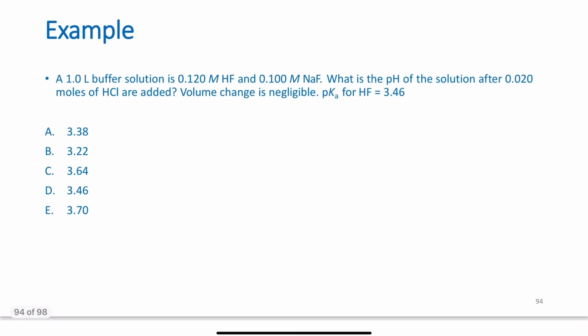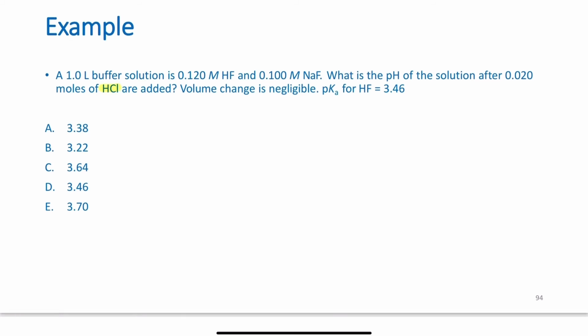A 1 liter buffer solution contains 0.12 molar HF and 0.1 molar NaF. What is the pH of the solution after I add 0.020 moles of HCl? Assume your volume change is negligible and the pKa for HF is 3.46. Again, we are adding an acid to a buffer.